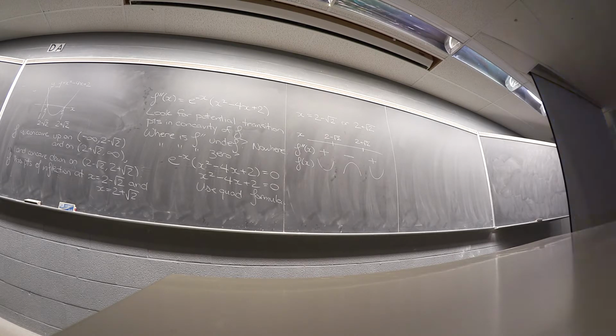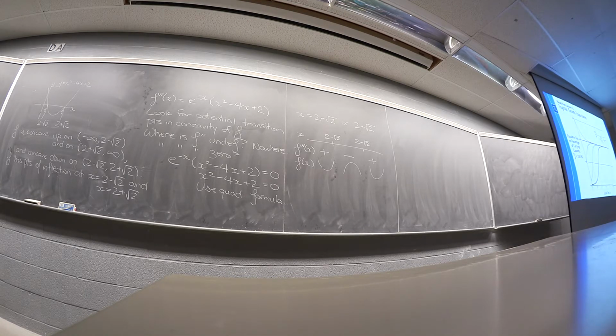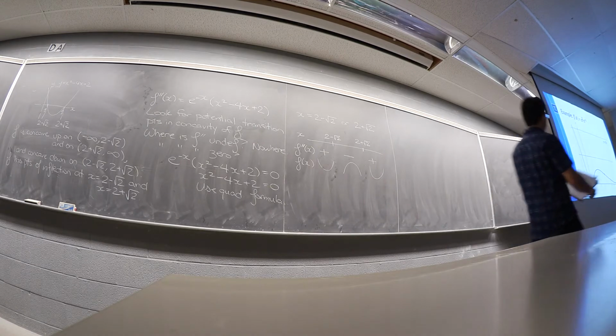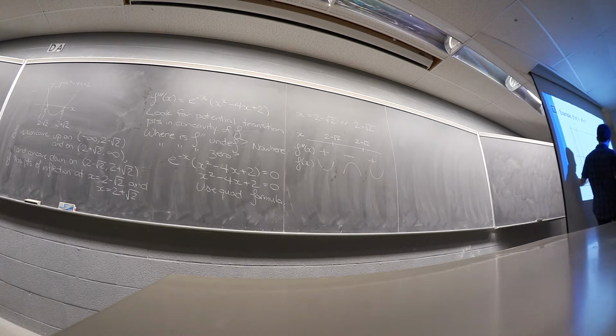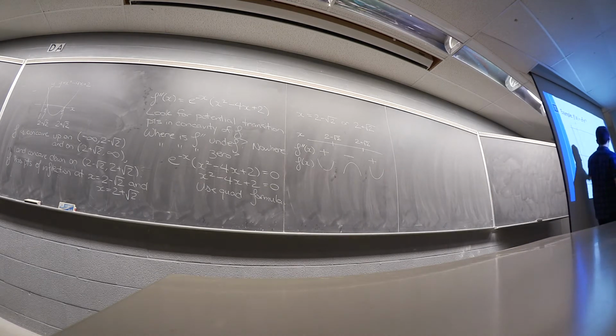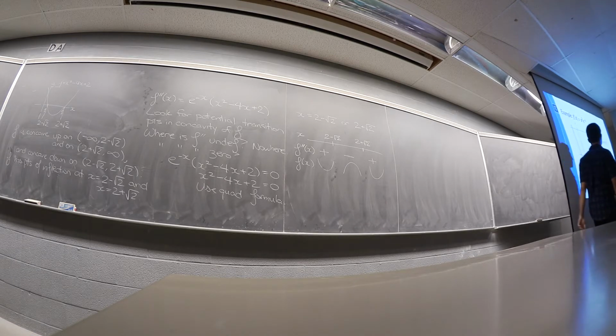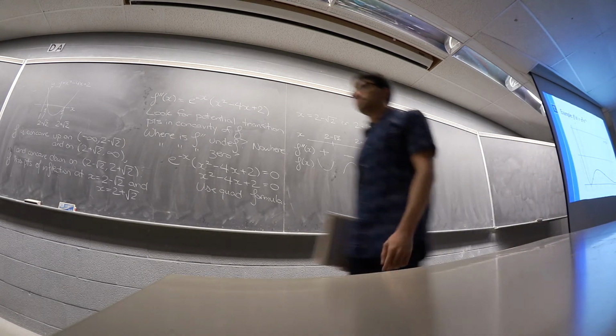Okay. And there you go, proof by picture. Color coded, orange means concave up, blue means concave down, and those are your 2 points of inflection. Everything as promised.